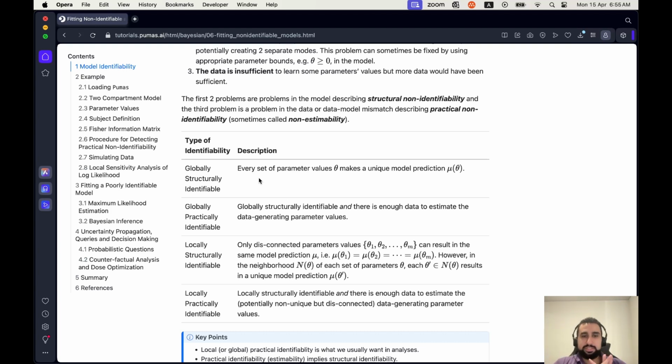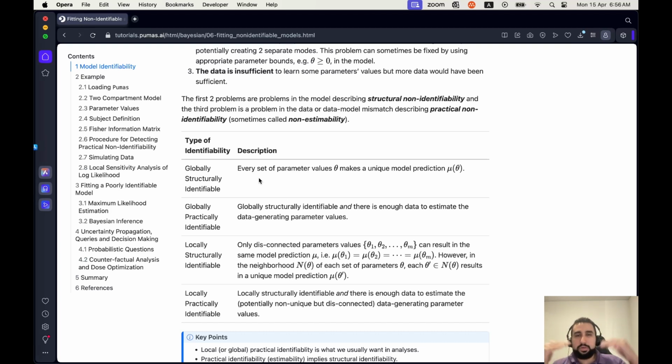Let me give an example. If all the observations happen early on, before the drug is fully absorbed into the blood, it will be very difficult for us to estimate the clearance parameters in your model. So that's a very practical example of practical non-identifiability issues. And so normally you would need to have observations across the whole duration of the drug absorption and the clearance period, so that you can estimate both the absorption and the clearance parameters.